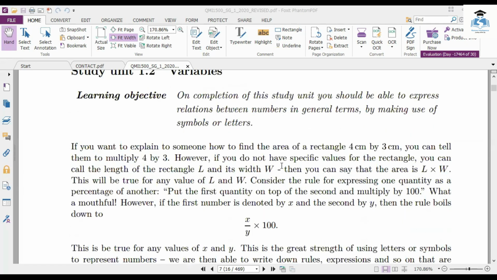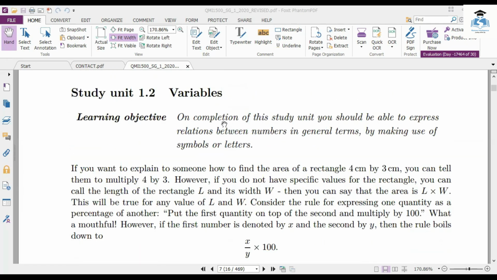Now, there are what are known as variables. Variables normally represent an unknown number. So if they say a man has a certain age, when you hear that, you know that you represent the age probably with any letter.